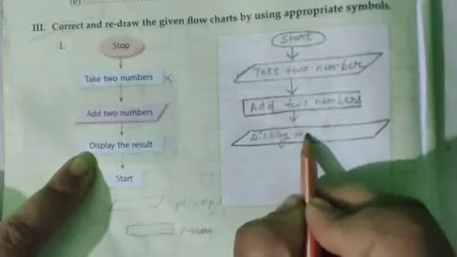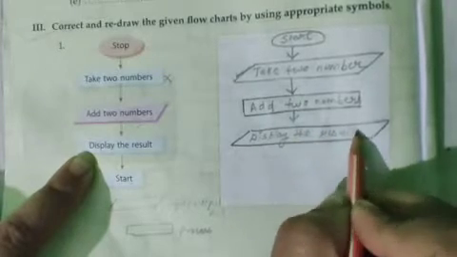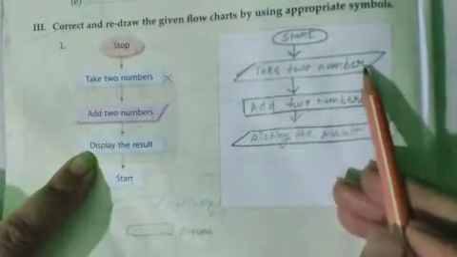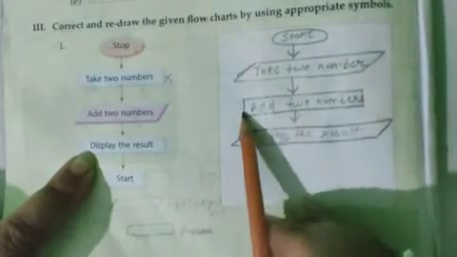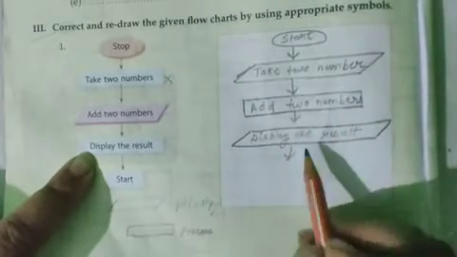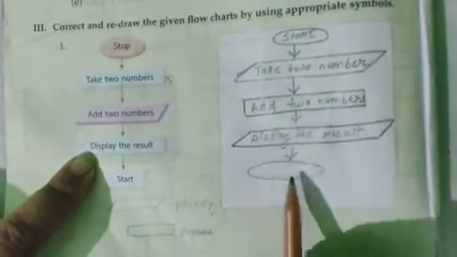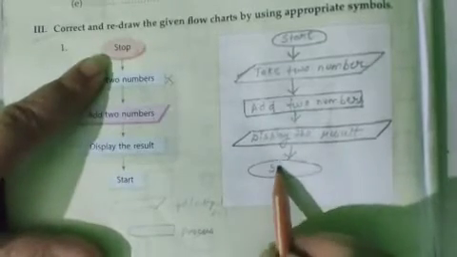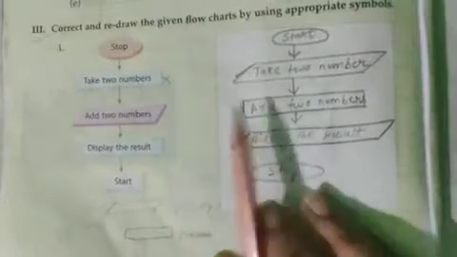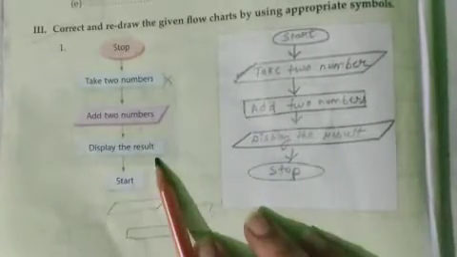Display the result. It is very confusing, but you have to keep in mind. This parallelogram shape box we use for input and output, and this rectangle box we use for processing. Okay, at the last we have to stop our execution, then draw an oval shape and write down stop here. Okay, children, now you know how we can correct it.